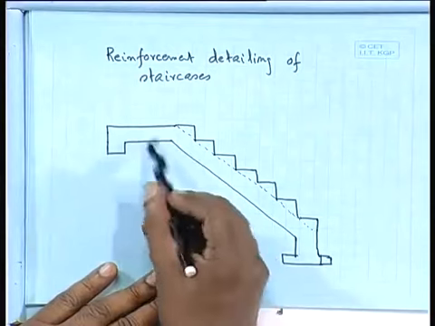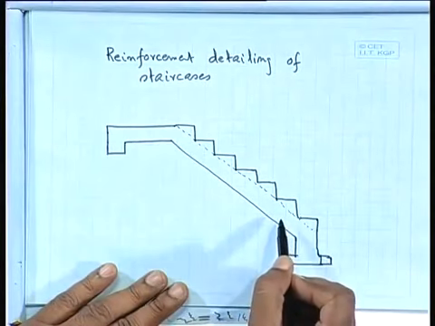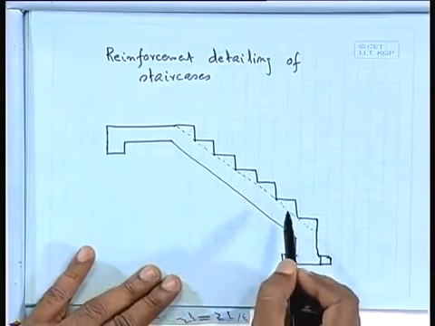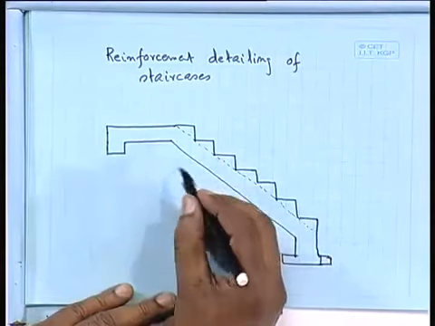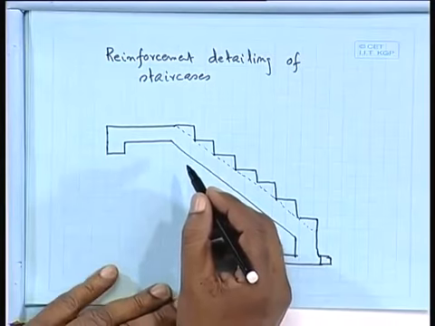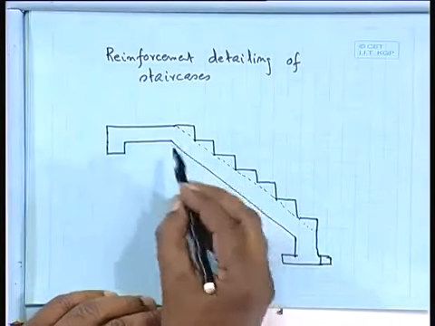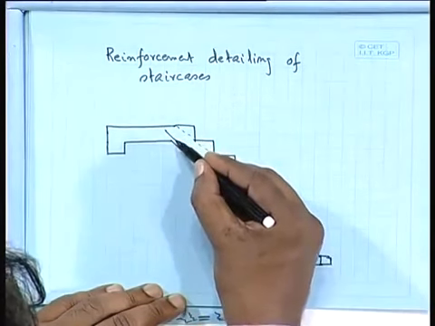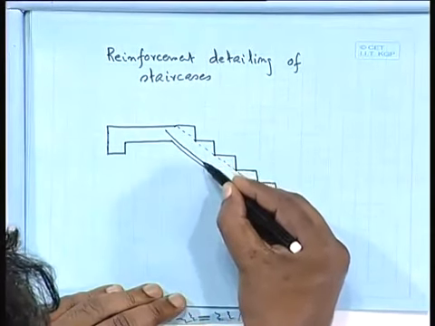So we have to provide the reinforcement. We are using, say, WL square by 10, that formula, and we have got the reinforcement, the top reinforcement and the bottom reinforcement. So this is the reinforcement that we need.